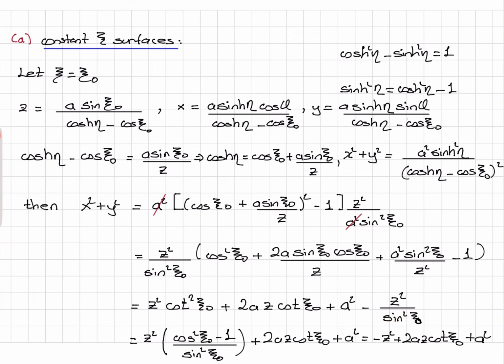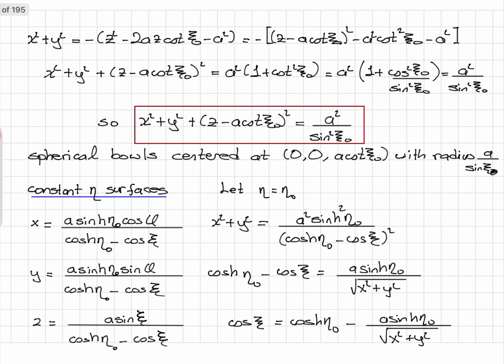And taking this into z square parentheses, I've noticed that I'm getting cosine square over sine square minus 1 over sine square, this form, and rewriting it with a minus parentheses and noting that I have on the left hand side minus of z minus a cotangent psi 0 parentheses square, which is taken to the left hand side here. I'm left with a square 1 plus cotangent square psi 0, which is 1 over sine square psi 0. So this gives me the equation of a sphere. X equals 0, y equals 0, z equals a cotangent psi 0 is the center, and the radius is a over sine psi 0. It's a spherical ball.